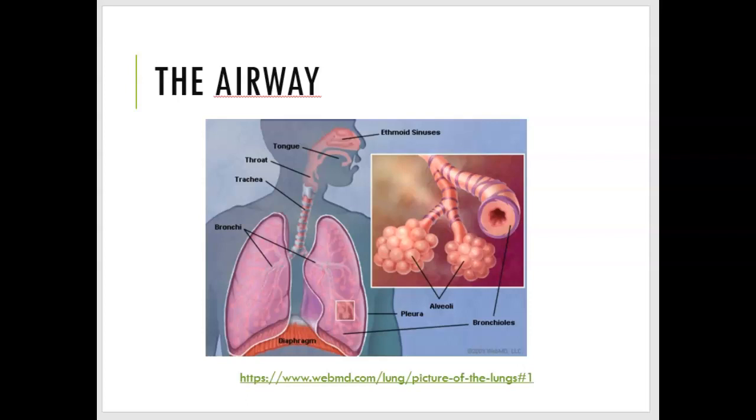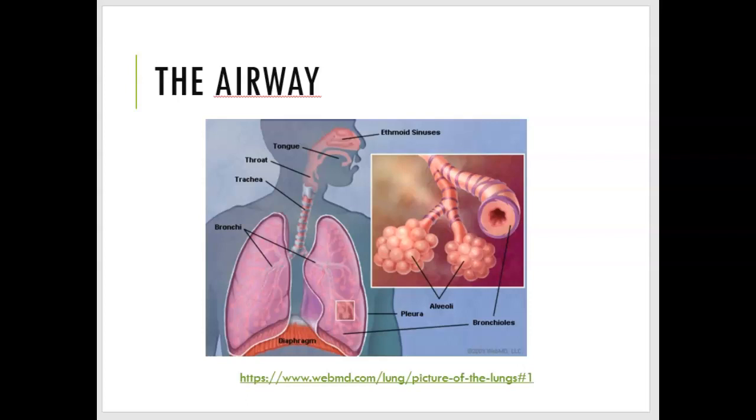So between the alveoli is a thin layer of cells called interstitium, and it contains blood vessels and cells that help support the alveoli. And you also have to remember that the alveoli have surfactant, which helps them remain open.